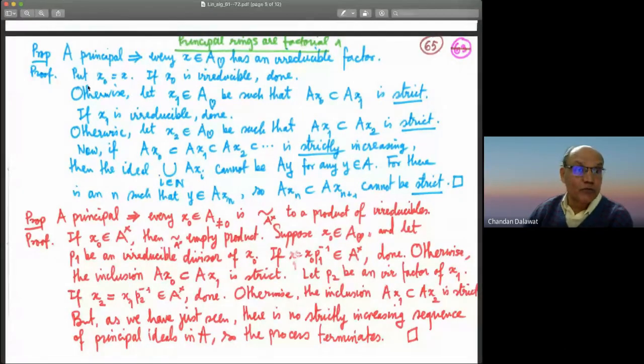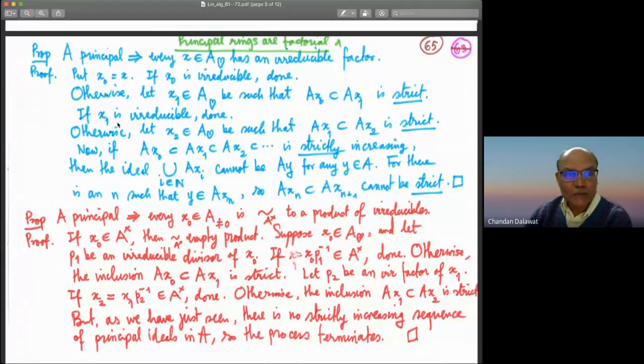So here's the proof. Let's put x naught equal to x. If x naught is irreducible, then there's nothing to prove. I mean, x naught is a factor of itself, right? So if it is not irreducible, then we can always find an x1 in A heart such that Ax naught is strictly contained in Ax1. x1 is a strict divisor of x naught.